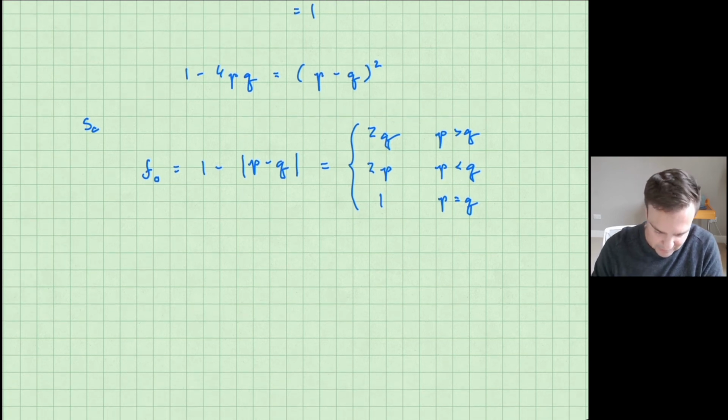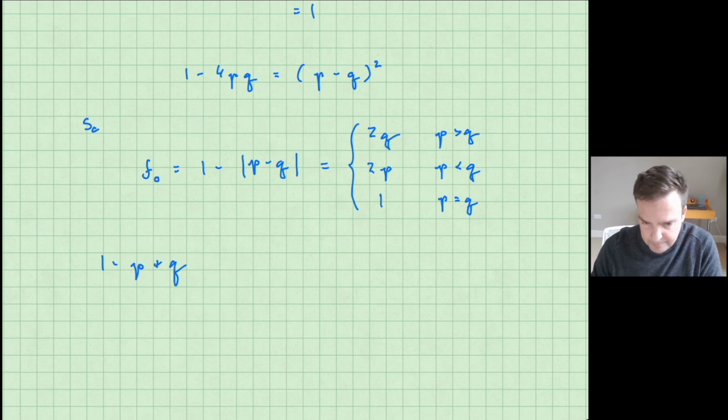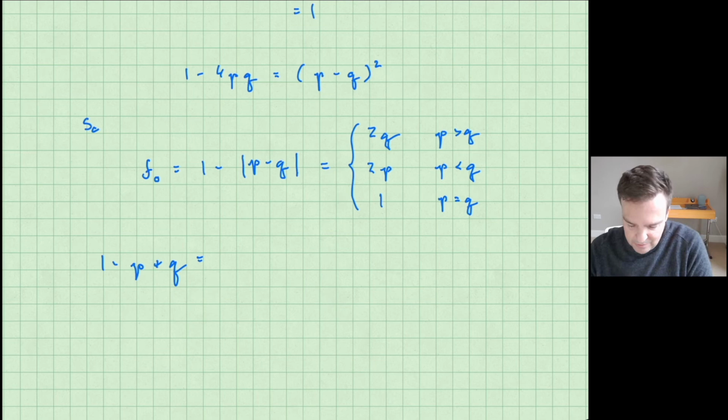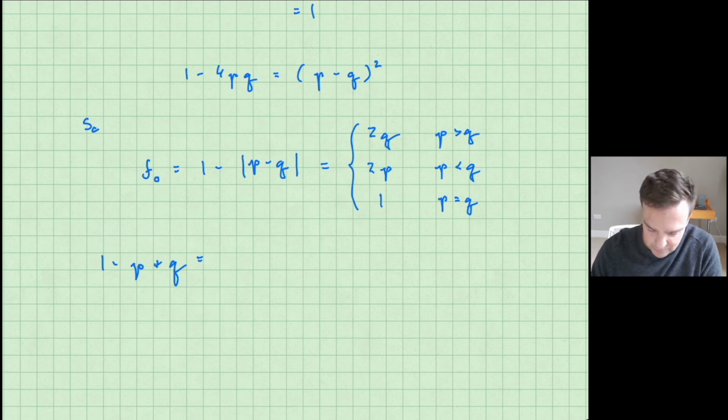Right, so that is to say 1 minus p plus q. That's what you get in the case where p is bigger than q, right? And so that's 1 minus, and you can rewrite this as 1 plus q plus q. So that's 2q, right?